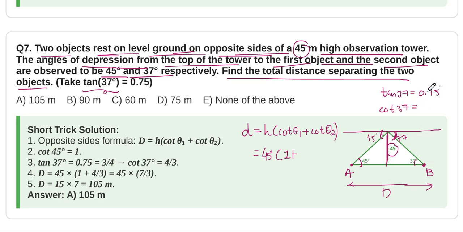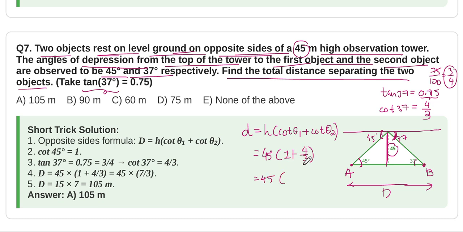If we write 0.75 properly, removing the decimal, it is 75 by 100, so 25 threes are 75 and 25 fours are 100, which is 3 by 4. So tan 37 is 0.75, written as 3 by 4. So cot 37, the reciprocal, is 4 upon 3. So 45 times the bracket 1 plus 4 by 3.